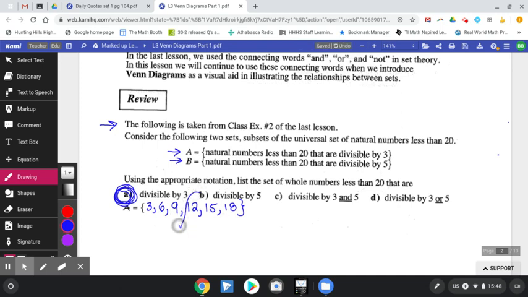And let's put for B down here, divisible by 5, which up here is called set B. Capital letter for naming a set. Divisible by 5 would be 5, 10, 15.